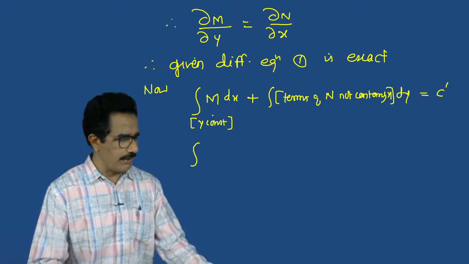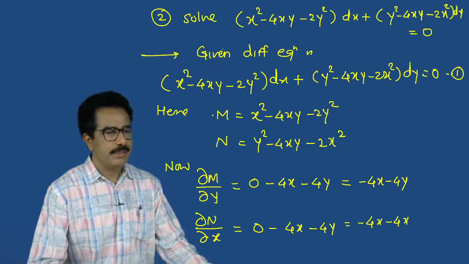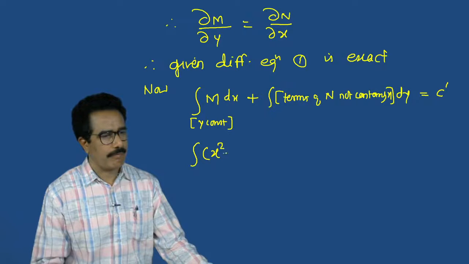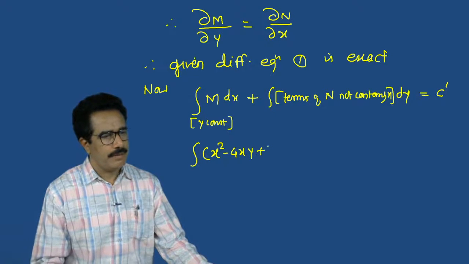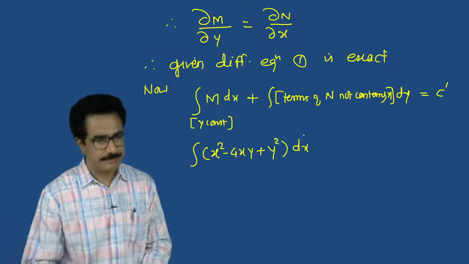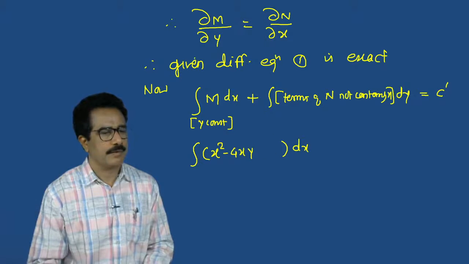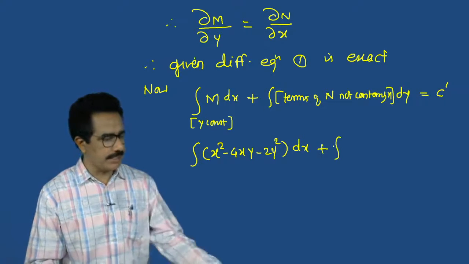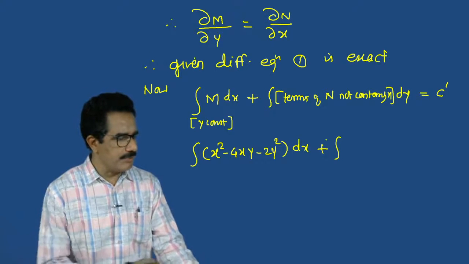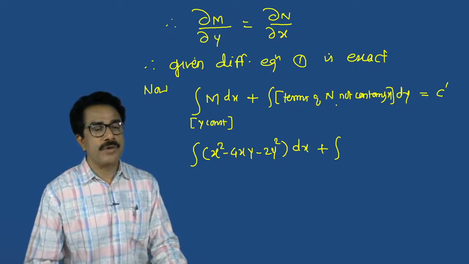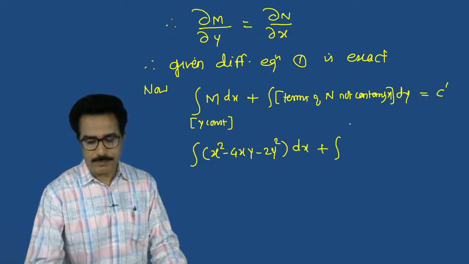So we can write M dx. आता M dx ची व्हॅल्यू ठेवा रे. M dx means what? x square minus 4xy plus y square into dx, minus 2y square, plus integration of, now see here the terms free from x, terms not containing x means terms free from x.